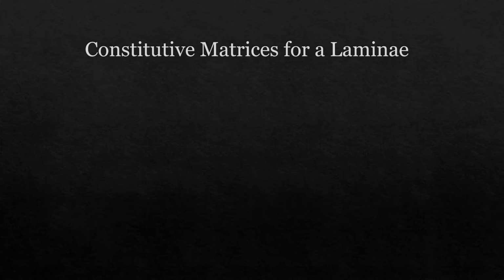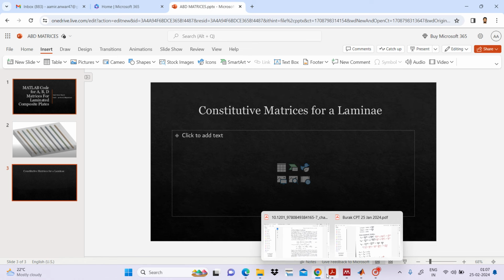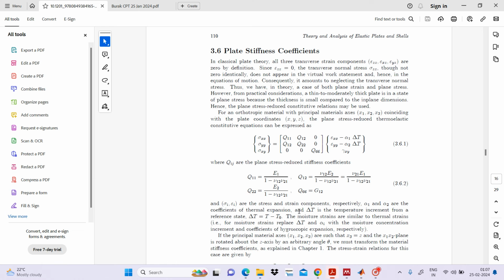So we will see how the constitutive matrices of a lamina are written. We will go to one of the PDFs from JN Reddy, who has very well explained the plate stiffness coefficients. Here it is written that in the material coordinates for the orthotropic plate, the principal material axes x1, x2, x3 coincide with the plate coordinates.